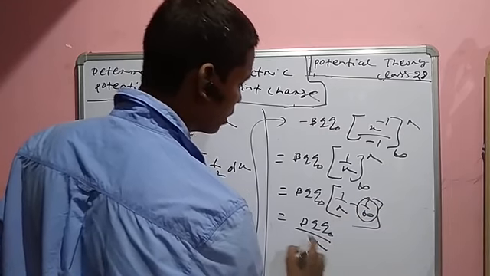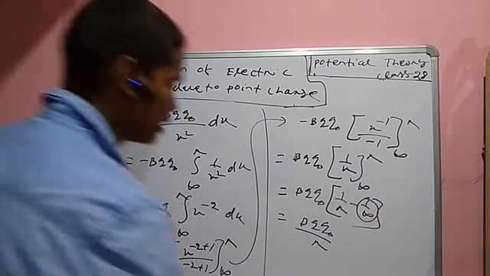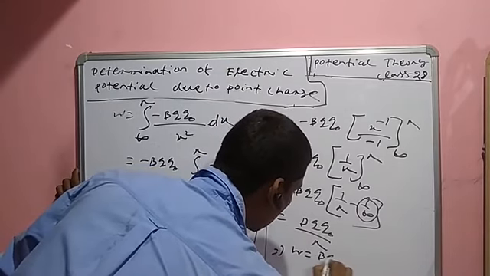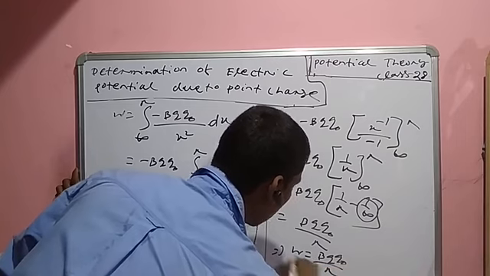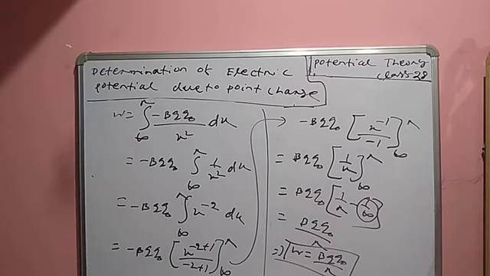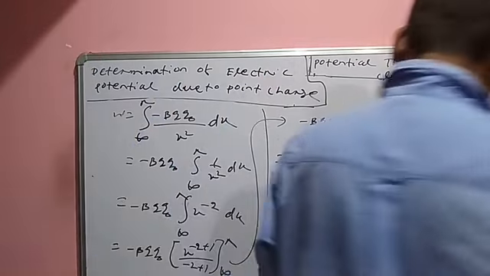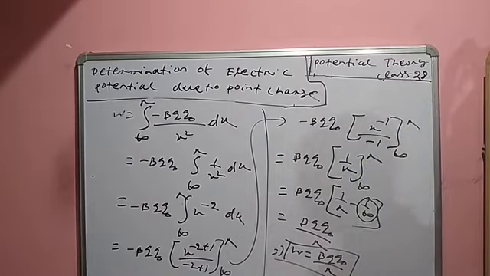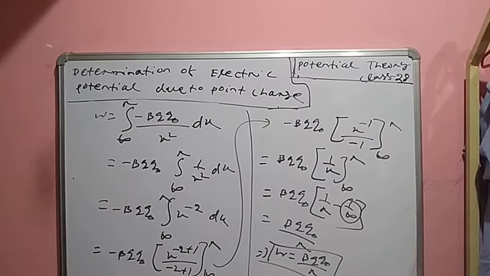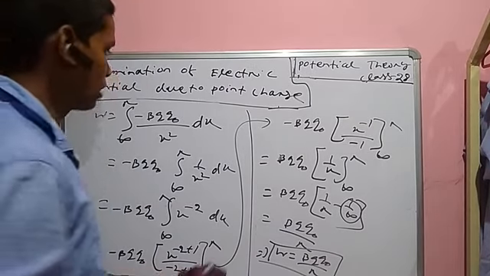So finally it is beta q0 by r. That means W is equal to beta q0 by r.